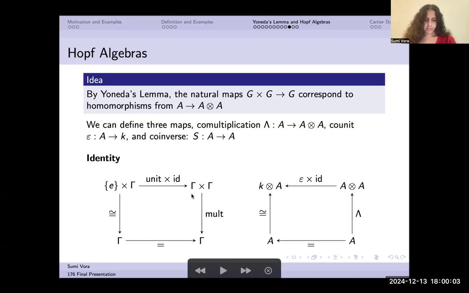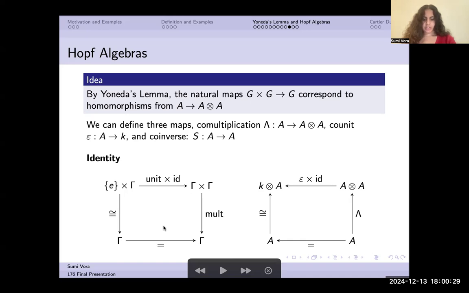So you just say that the trivial group times gamma is isomorphic to gamma, which equals gamma. So either way, you get this commutative diagram in terms of identity elements in groups. And then on the right-hand side, it's kind of the same with the arrows reversed.